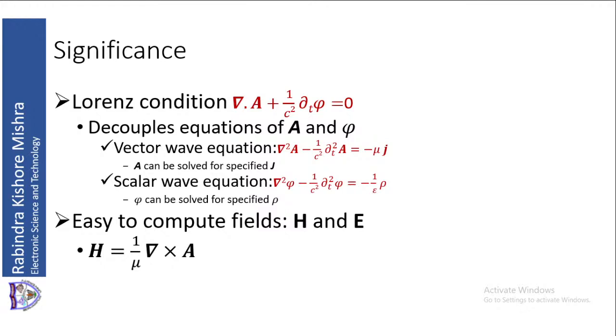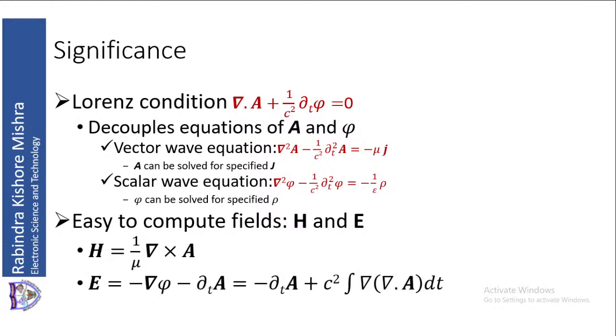Because once we know A, we can find out H. H is equal to 1 upon mu curl A. Similarly, once we know phi and A, we can find out E. E is equal to minus grad phi minus dot TA, where dot TA remains as it is.